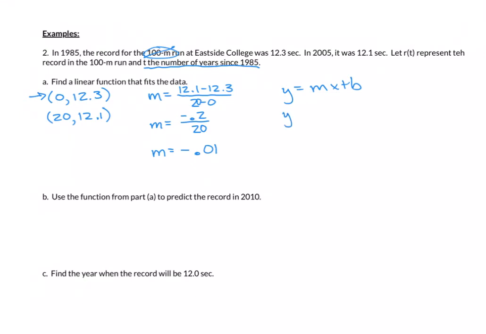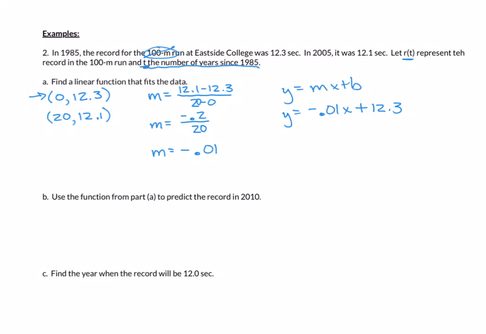We can use our slope-intercept form. If we plug into our slope-intercept form, we get negative 0.01 x plus, what is our y-intercept? It is 12.3. Am I done with the problem? And the answer is no. Remember that it said r of t and t.